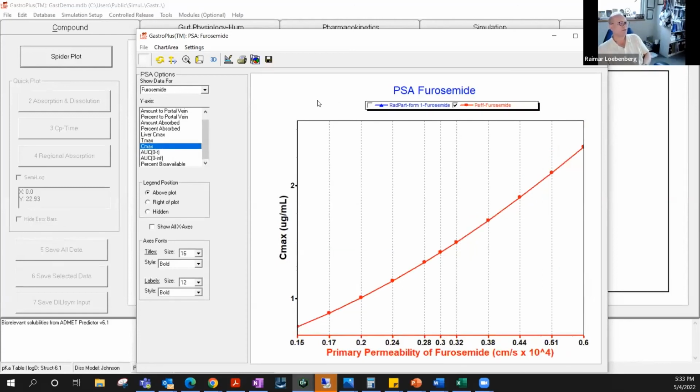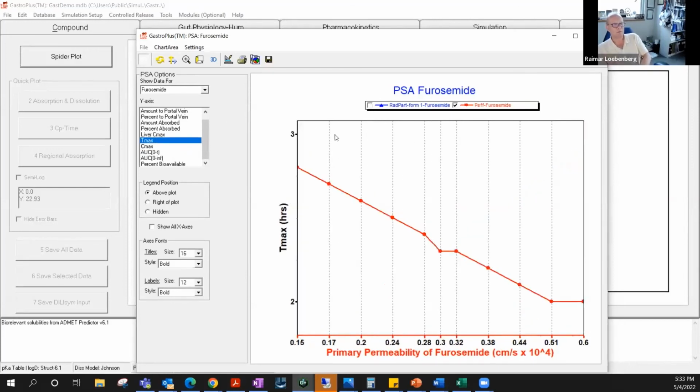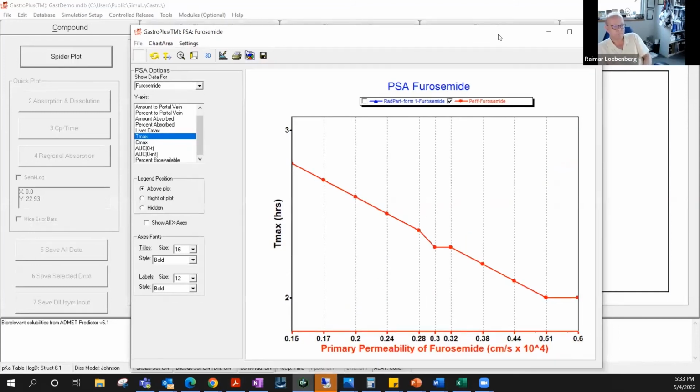As you see, same tendency, so this drug really depends on its permeability. Permeability really controls the performance of the drug. And for Tmax, as you can see, Tmax will go down.